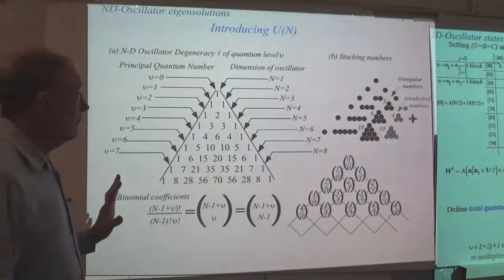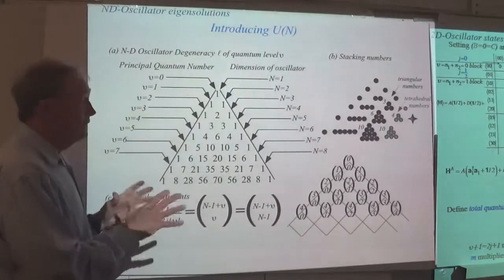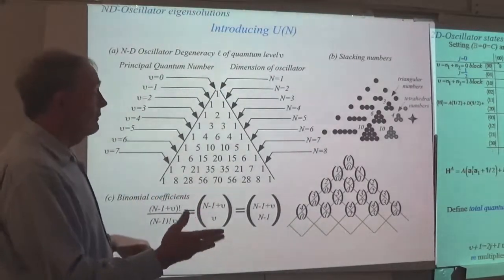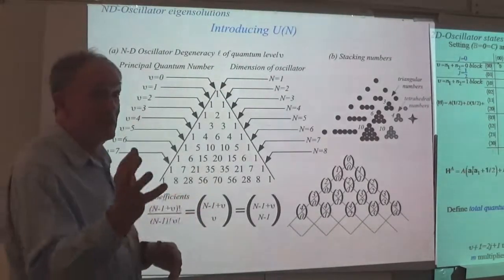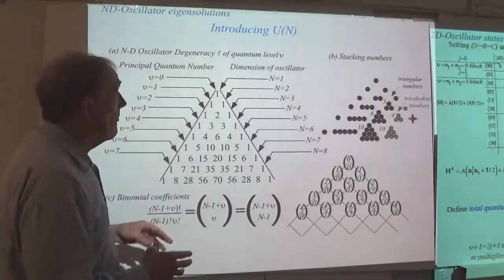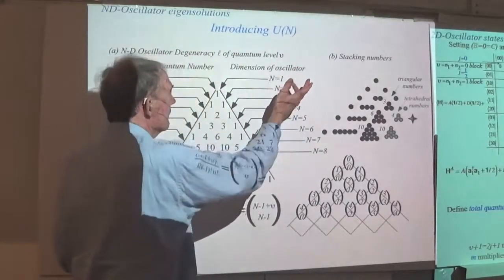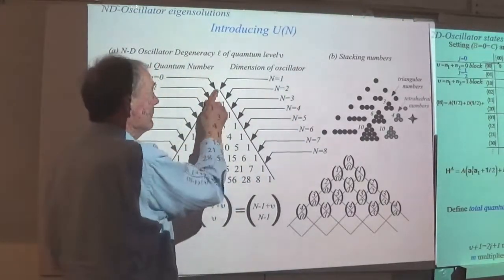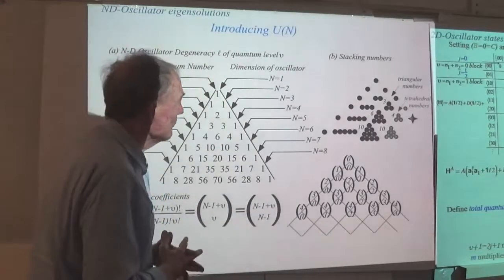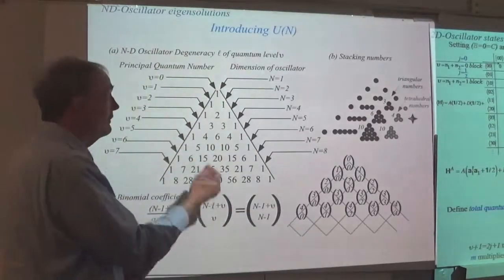But I would like you to see this before we go on, and that is, you've already asked me what would U3 offer you, what would U4 offer you. Well, if this is the dimension of the oscillator, we started with 1, which is so much less structure than all of this other stuff.